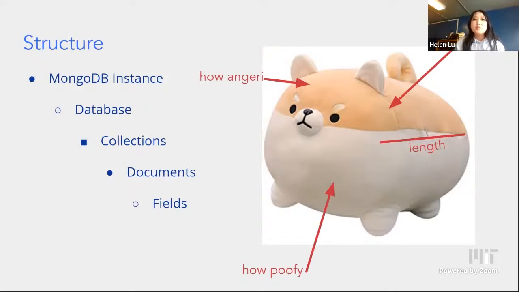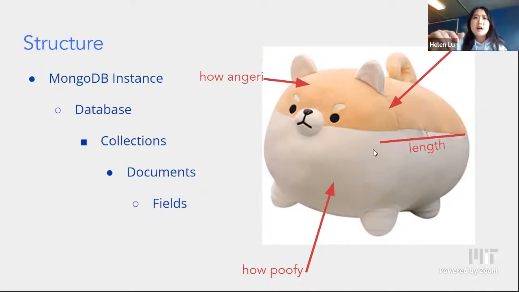Just to reiterate, a document is basically just a JavaScript object. The fields are the things we want to store, and each of these fields will have its own values that quantify the properties we want to store, right? So the color will have values such as, in this case, coffee. Poofy will be very poofy, and how angry might be very angry, etc.